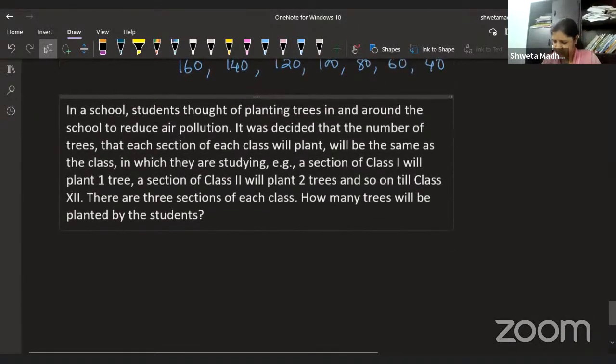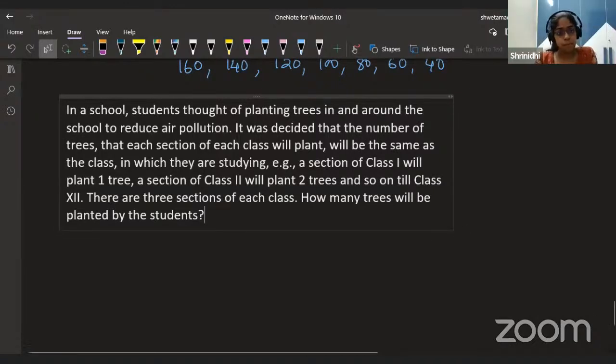I think 143. 234 is the right answer. You got 234, right?